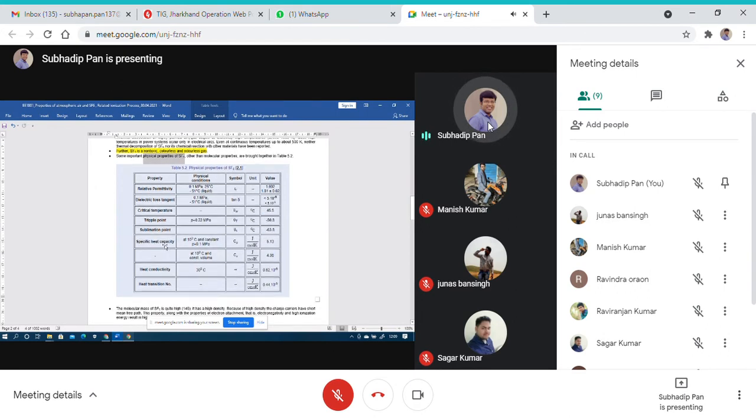For specific heat capacity, have you heard about CP and CV? The values of CP and CV for a molecule like SF6 are 5.13 and 4.06. So these are in the table.